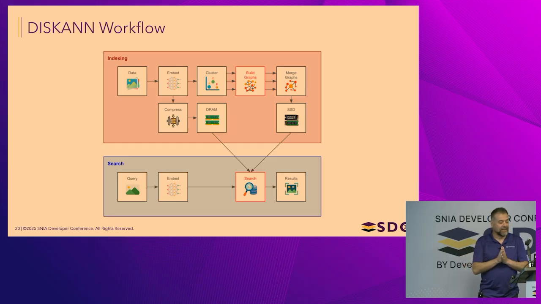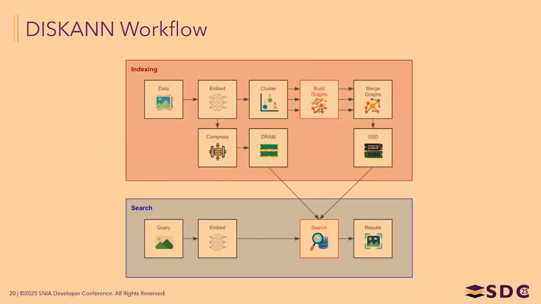In the case of DISKANN, we have two parts, the DRAM part and the SSD part, and different things are stored in each. In DRAM, we store a very compressed view of the graph, think about HNSW, with a lower precision. So your DRAM footprint is very small.